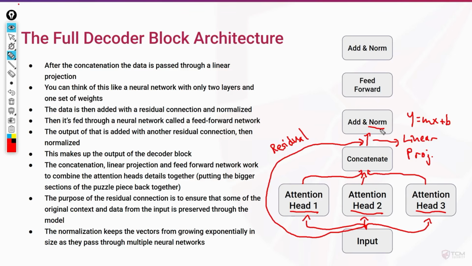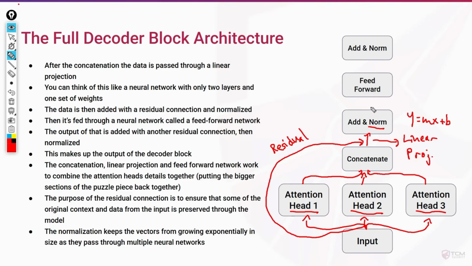The reason for this is that otherwise, as we keep doing this attention and neural networks and adding in the residual, the activation levels of our neurons are just going to keep growing and growing as we go through all the decoder blocks. So that's why we keep normalizing to bring them down into that manageable range. It stops those neurons from continuously growing.